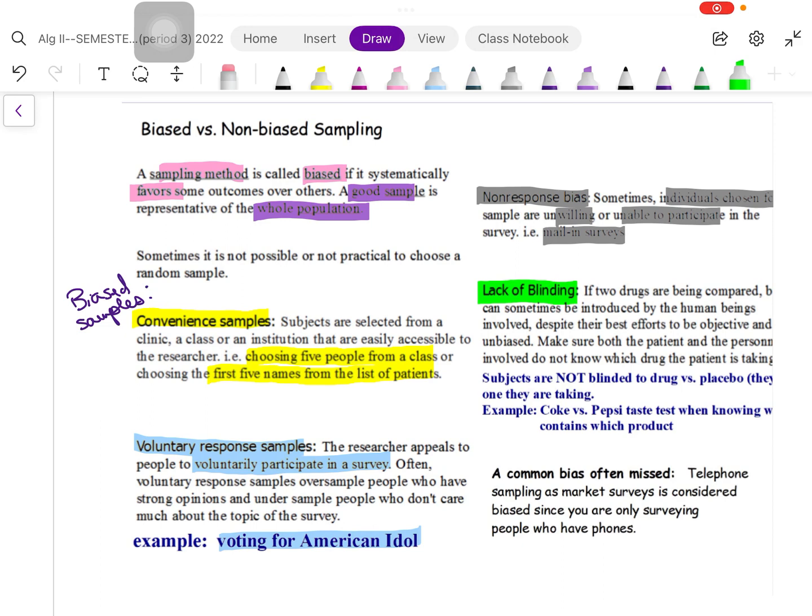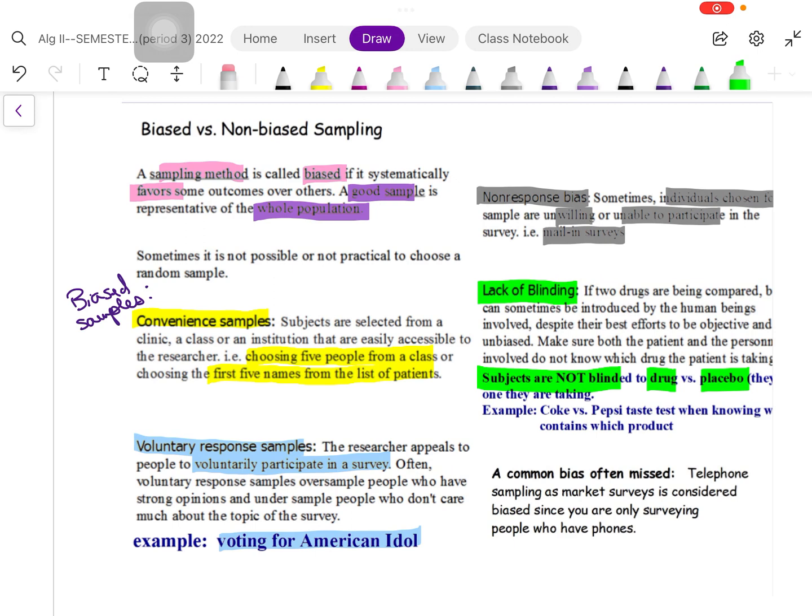If you have a lack of blinding, it means that you know which patients are in the control group and which patients are taking the placebo. You're not blinded to it. Those taking the test know if they're in the drug group or the placebo group.